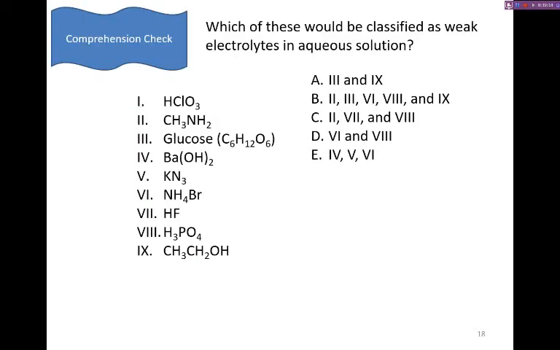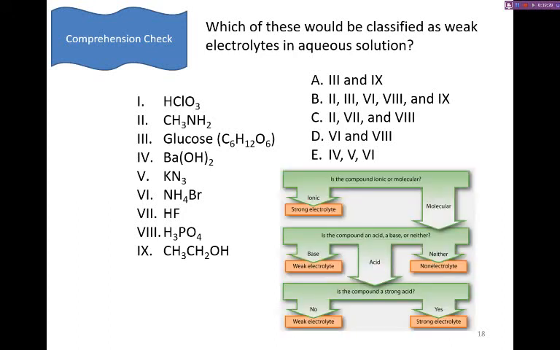So, which of these can be classified as weak electrolytes in an aqueous solution? To do this, we're going to apply this chart. In the first compound, we would ask, is it ionic or molecular? And in this case, it is going to be molecular.